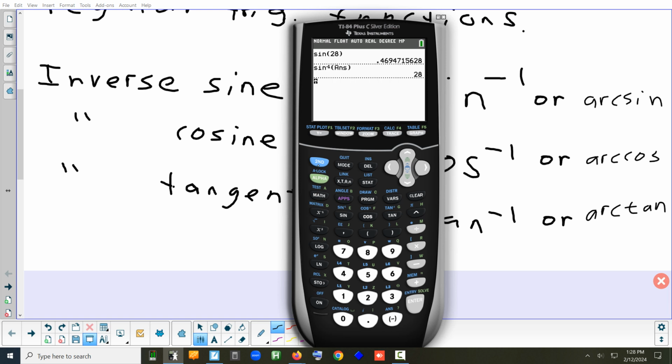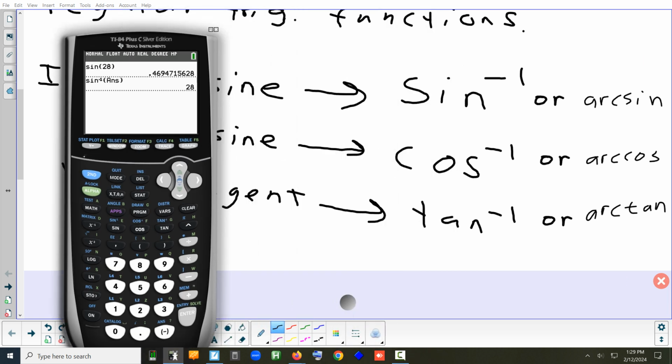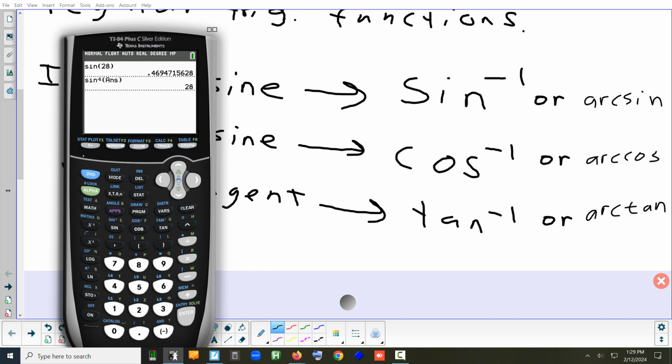That's how you do it on the graphing calculator. Press second, and then you can press sine, cosine, or tangent. That would be inverse cosine. Any question on the name, the abbreviation, or the button that you press on the calculator to get it to come on?